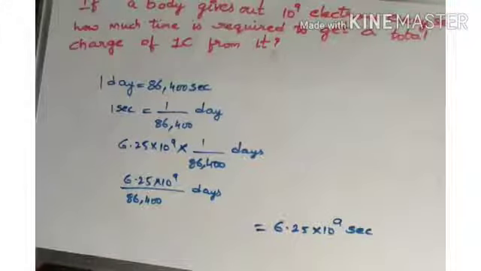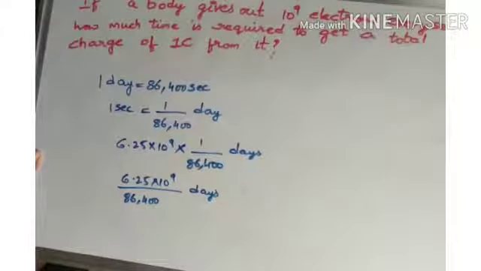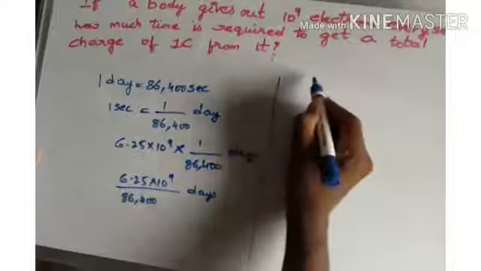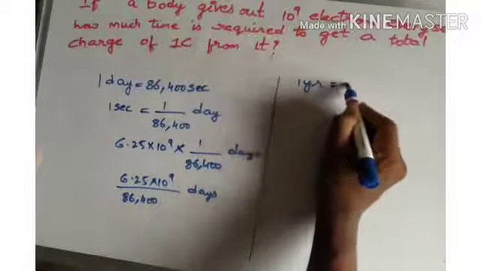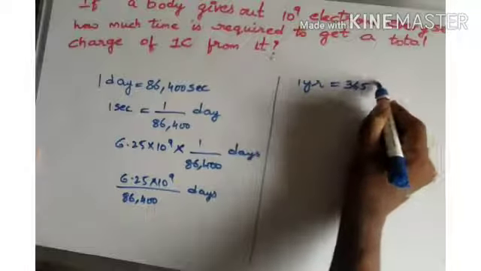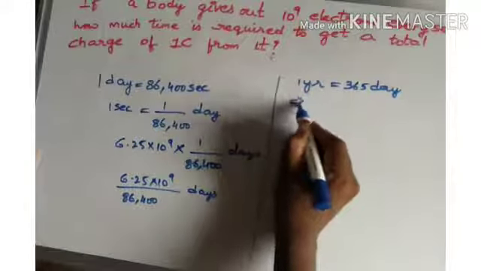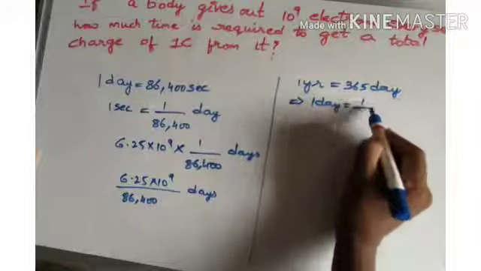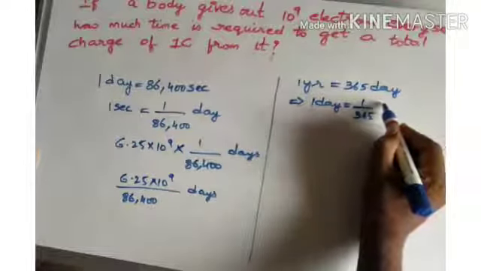Once again, how do we convert this into years? 1 year is equal to 365 days, which implies 1 day is equal to 1 by 365 part of a year.